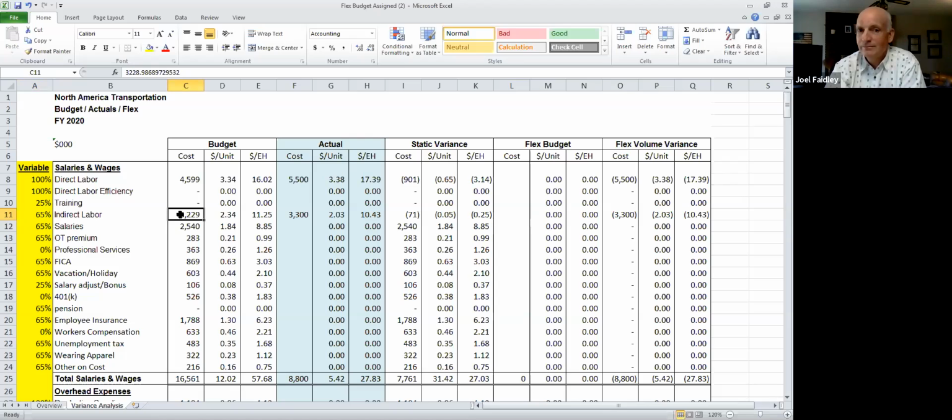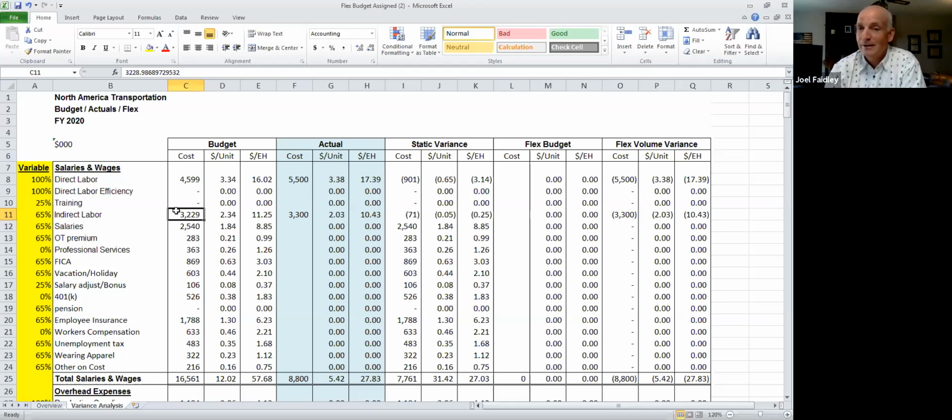See what we're doing? You've got actuals here, and you want to know, how did I really do against the budget? I had 10% more volume. I should get a 10% increase in my variable cost. But your fixed should stay the same, right? 35% of that, and you can come up with your own formula. I just told you one that came off the top of my head. 35% of that 3229 is fixed.